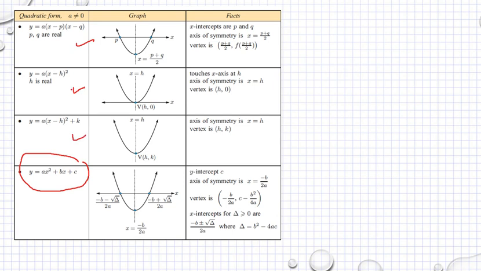So I'm going to go over them one by one, and then we will see how we can see their graph and how we can use these tools to find the vertex, the axis of symmetry, and your zeros or the roots.